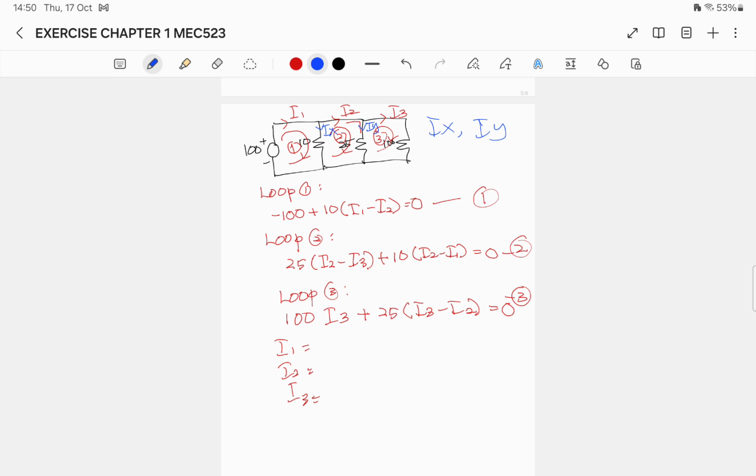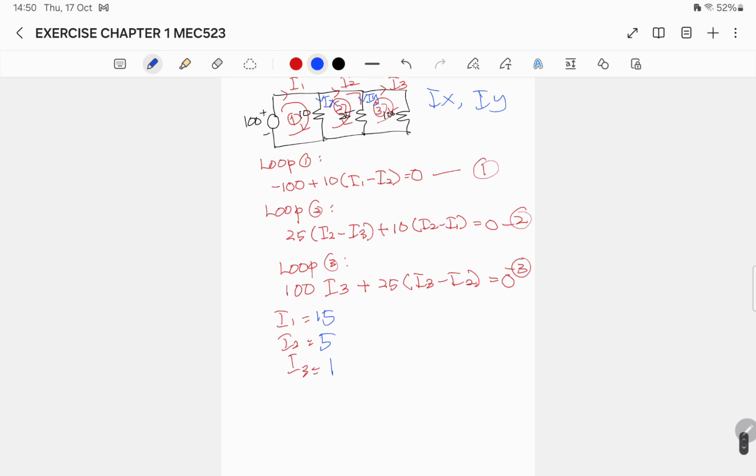I2 and I1 memang bukan 10 dan 4. Berapa? I1 15, I2 5, I3 1. Okay.